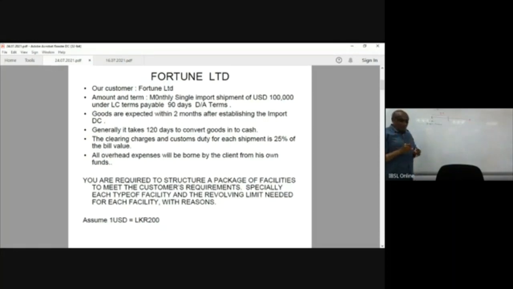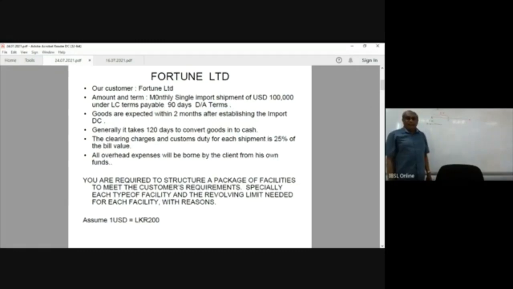But the second point, it says amount and term, monthly single import. So every month you have to import. But when you open the LC, it will take 2 months. Therefore, how many times do you need the facility for issuance of LC?